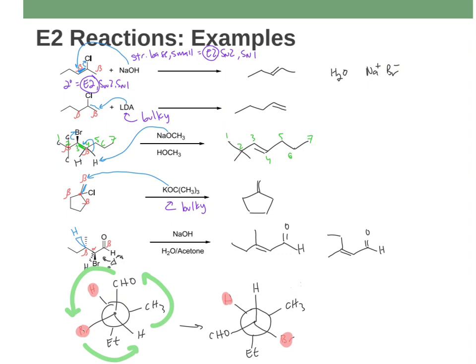In this case, the H and the methyl should be cis. And in this case, we should have the aldehyde and the ethyl next to one another, which means this is going to be my major product. That's going to be my major alkene, where I have the ethyl and the aldehyde on the same side of the alkene, and the H and the methyl on the same side of the alkene.